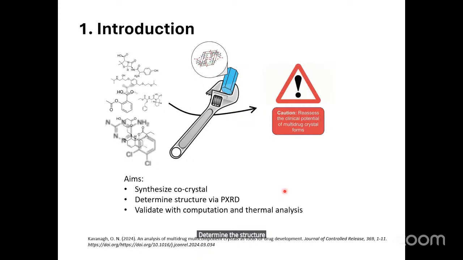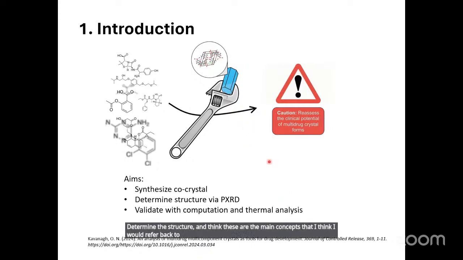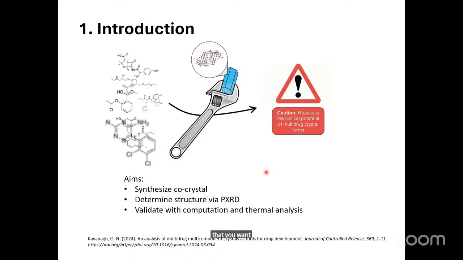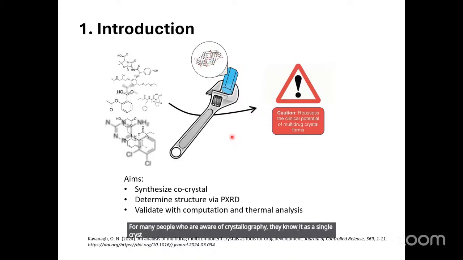I think these are the main concepts that I would refer back to at a later stage: that you want to be able to determine the lattice structure of this multi-component system. One of the problems with that is it is very difficult to obtain single crystals, because many people who are aware of crystallography know it as single crystal crystallography.